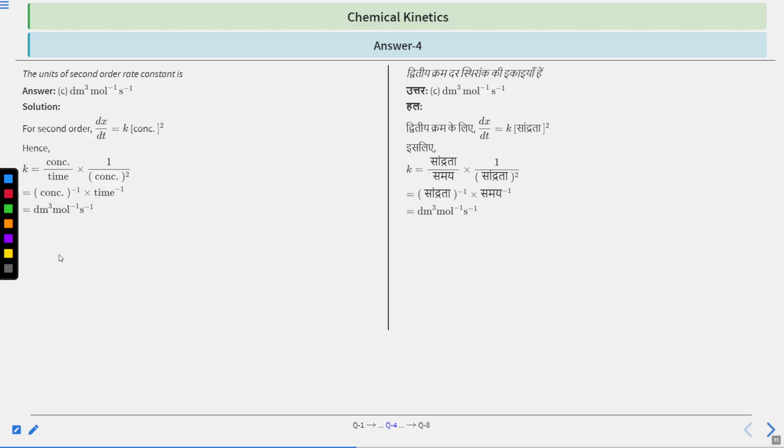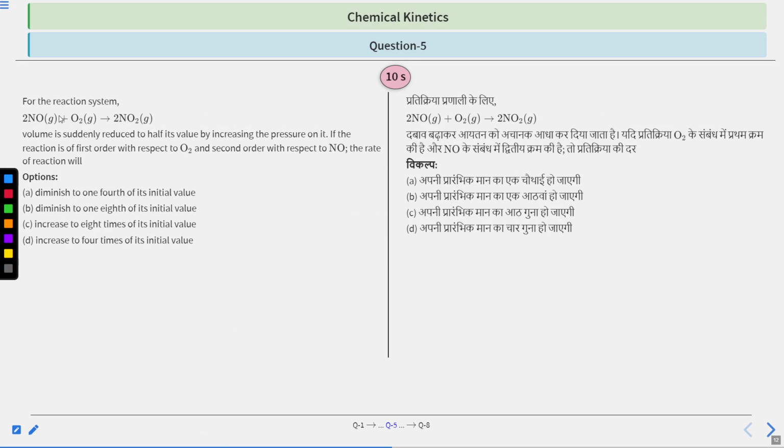Okay, let's move to the next question, question number 5. For the reaction system 2NO plus O2 giving us 2NO2, volume is suddenly reduced to half its value by increasing the pressure on it. Okay, so volume is reduced to half of its value and pressure is increasing.